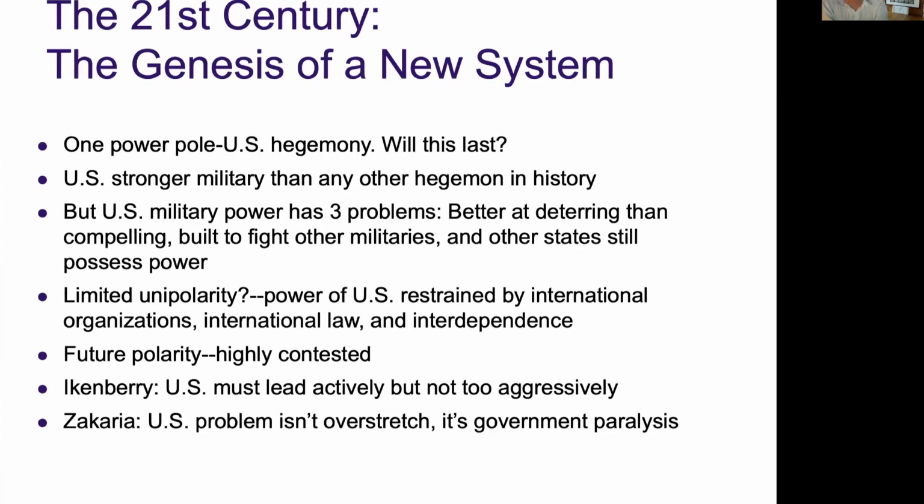In a way, we could answer this very easily and say, yes, the US is militarily stronger than any other hegemon in history. It has a vast arsenal of nuclear weapons. It has a very strong arsenal of conventional weapons. Even China, which invests quite heavily into its military, is no real competitor to the vast amount of weapons the United States has.